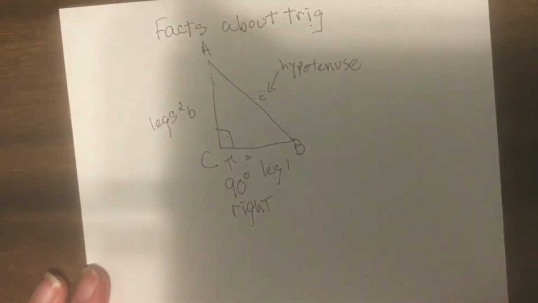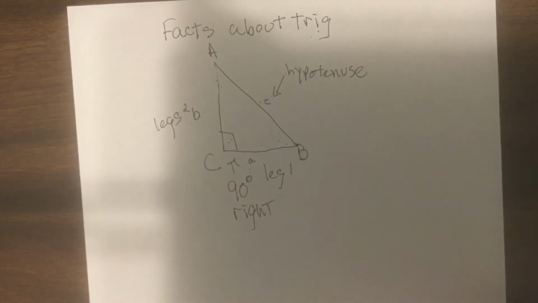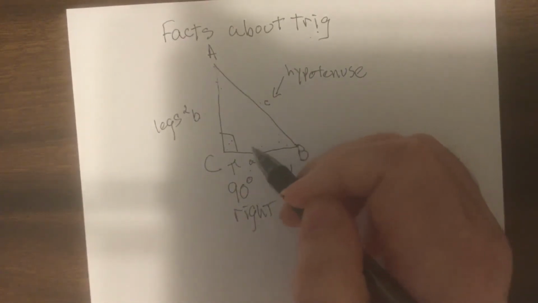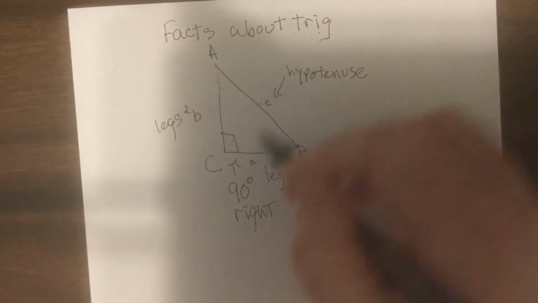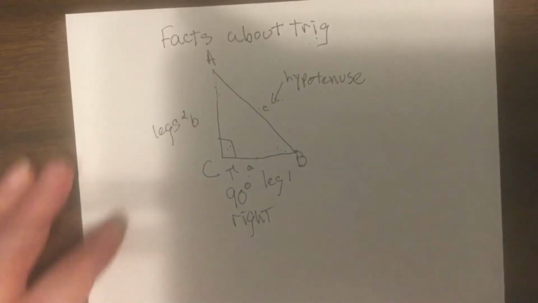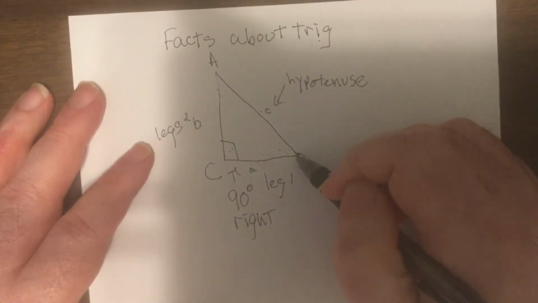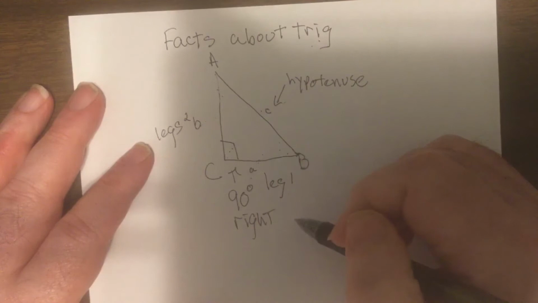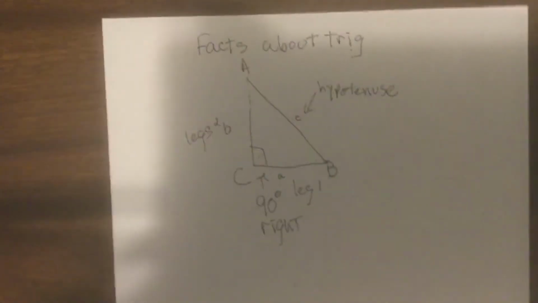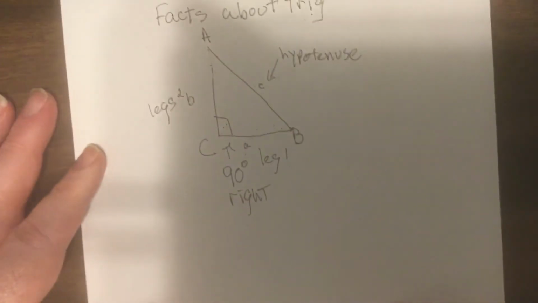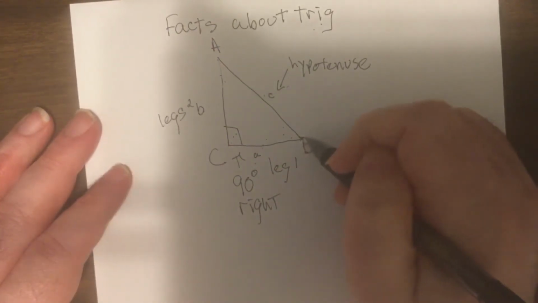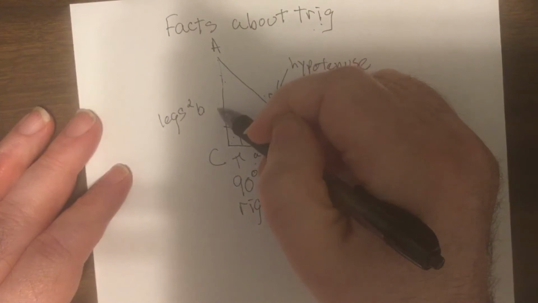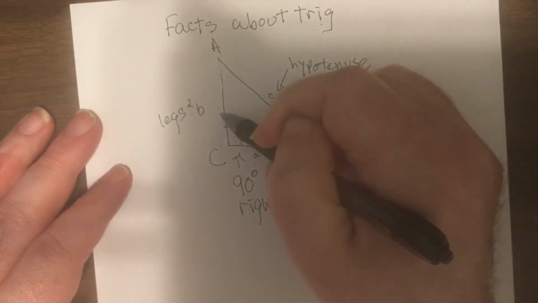So they made up 6 names to take care of the 6 fractions. This over this, this over this, and so on. And they base it on the angle so you know what you're going from. So if I go from angle B, this would be the opposite side because it's across from it.